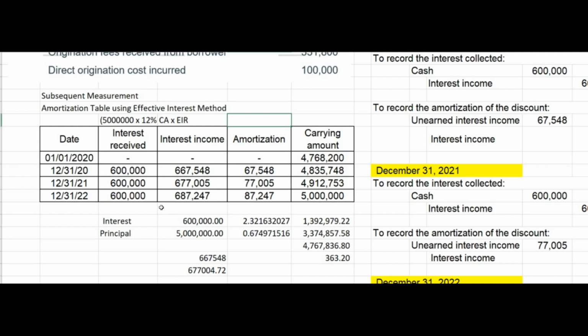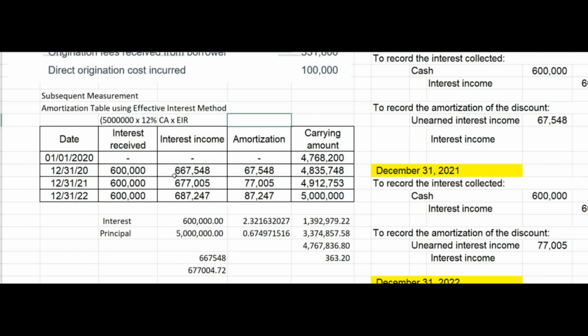So, for example, class, if you're asked, how much is the carrying amount of our loans as of December 31, 2020? Your answer is 4,835,748. What if you're asked, how much is the interest income as of December 31, 2020?